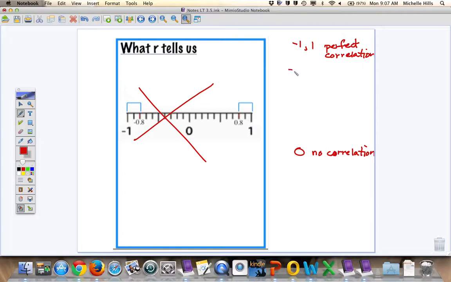Then you get down to -0.8 and +0.8. Between those and -0.99 and +0.99, between those two values, those are considered strong correlation.